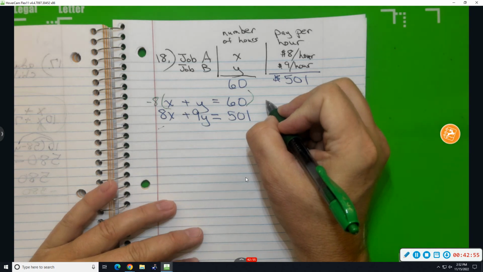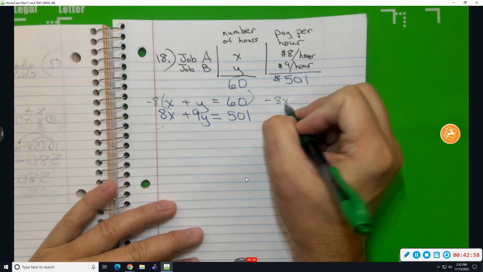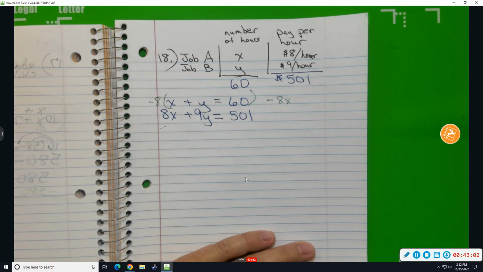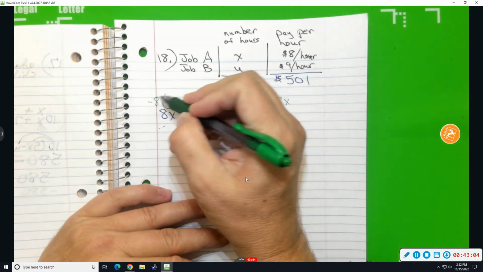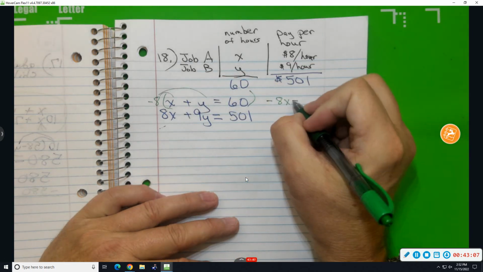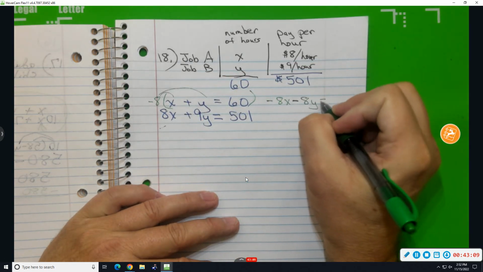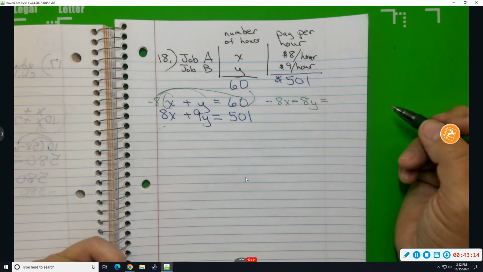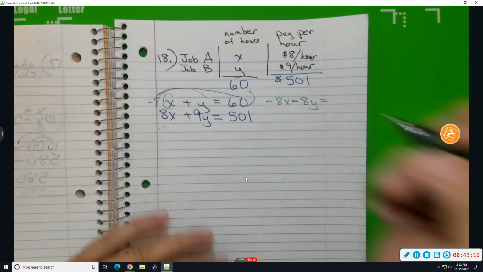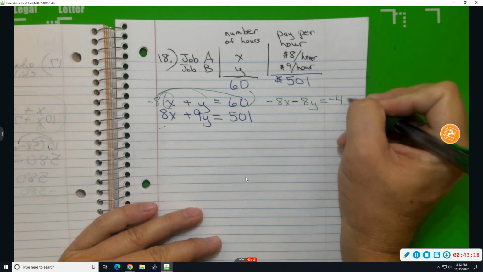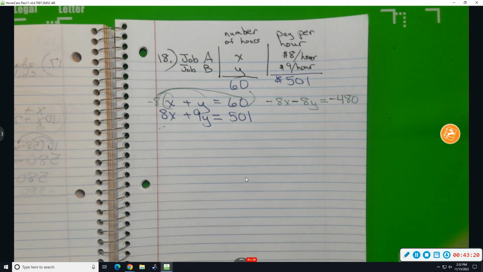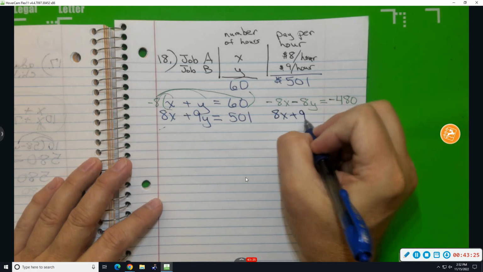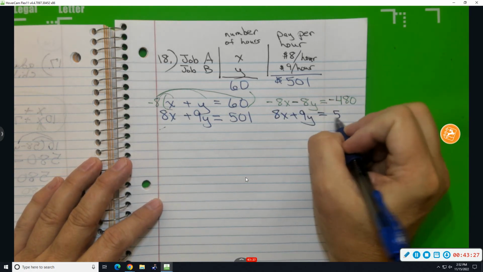Distributing through a negative 8, we get negative 8x. What else? Negative 8y. Okay. Equals negative 8 times 60 gives us negative 480. Negative 480, I agree. And we still have that second equation, 8x plus 9y equals 501.